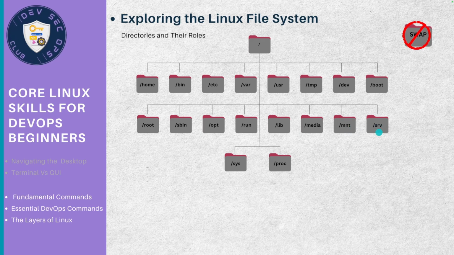And this /srv, /sys, and /proc, these are special. It's not the right time, we should hold here. I will explain some more things, then I will explain what these directories are for. But as a beginner, you should know there is a /, which is the top level, and under the top level we have these multiple files or folders or directories.